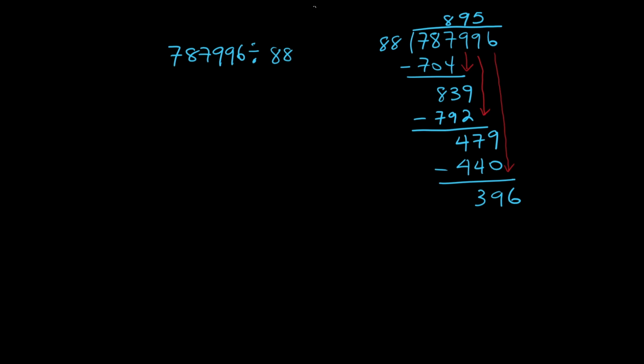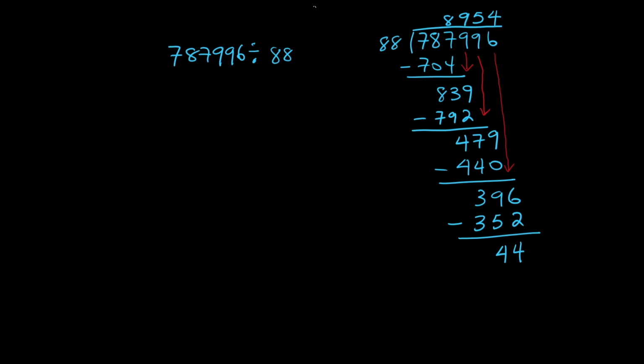How many times can 396 be divided by 88? That should be 4 times. 4 multiplied by 88 will be 352. And 396 subtract 352 should leave us with 44.